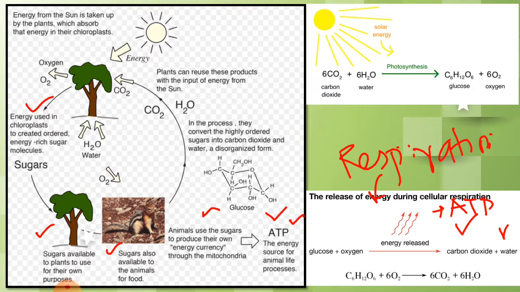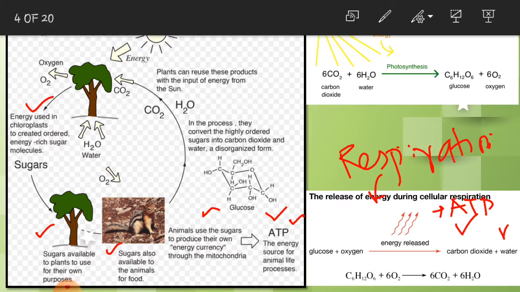So the energy in these biomolecules is stored by the process of photosynthesis in the plants and is then harvested or used during the process of cellular respiration in the animals. Now, since both of these reactions are occurring within the living organisms, the study of these processes comes under the discipline of biochemistry.